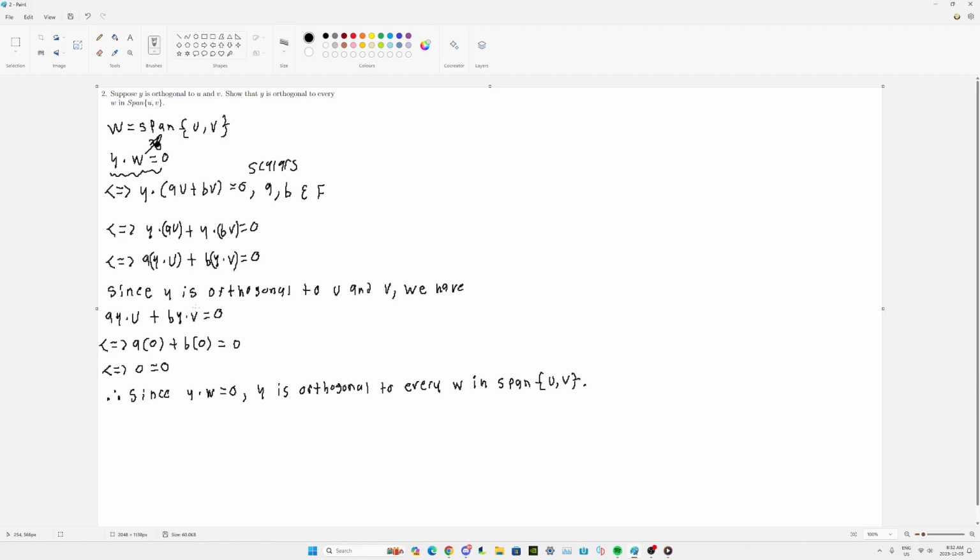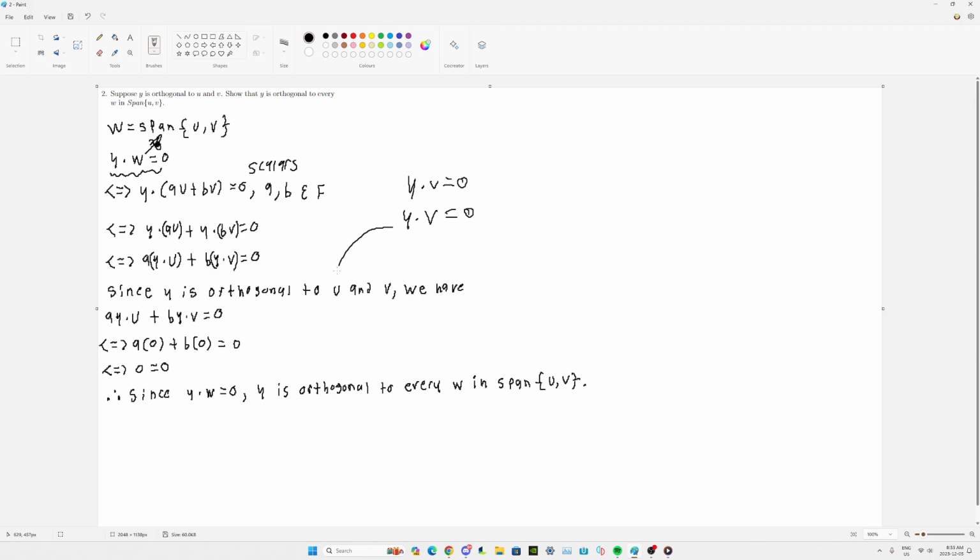Those are both equal to 0. The next step is to say that since y is orthogonal to u and v, we have a y dot u plus b y dot v equal to 0. Well, that's going to imply that we're going to have a0 plus b0 equals 0, 0 equals 0, right? Because we have the definition that if it's orthogonal, their dot products are going to go to 0. So we just sub that in, right?